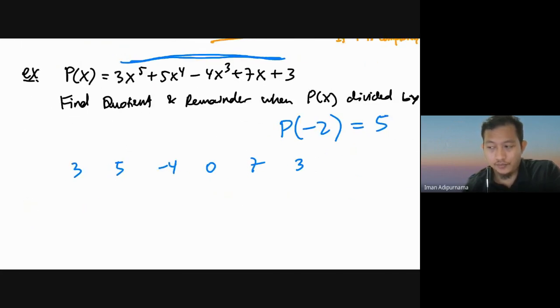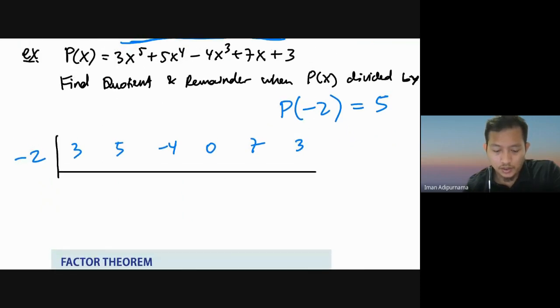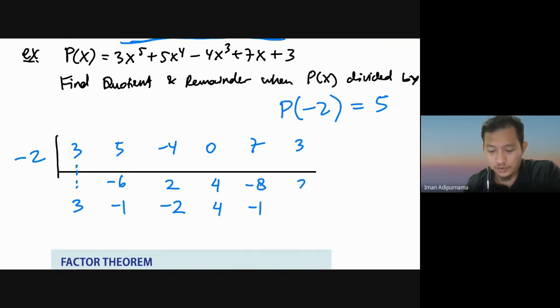Then divide by -2. Start with 3, and then -6, 3, -2, -6, -1, 2, -2, 4, 4, -8, -1, 2, 5.